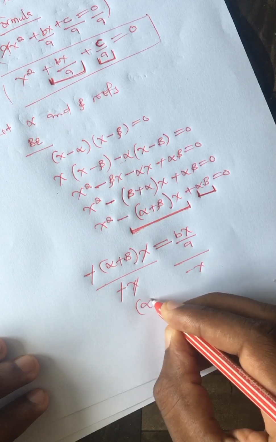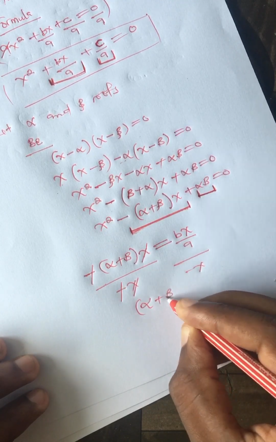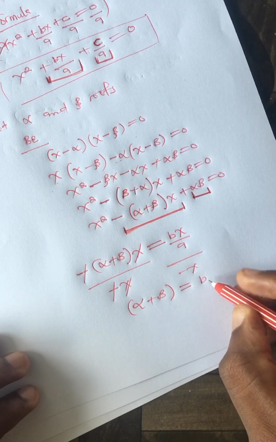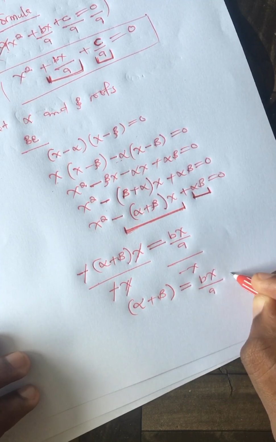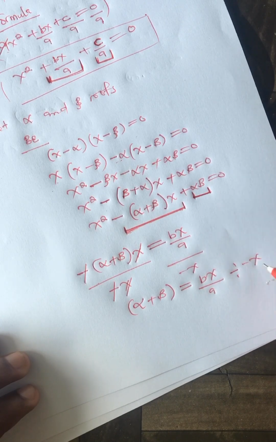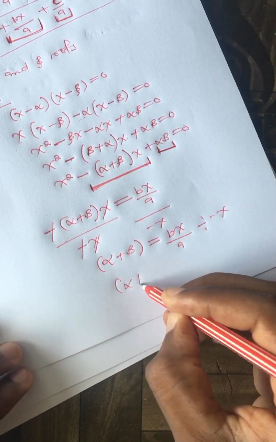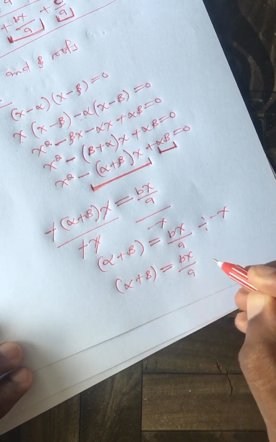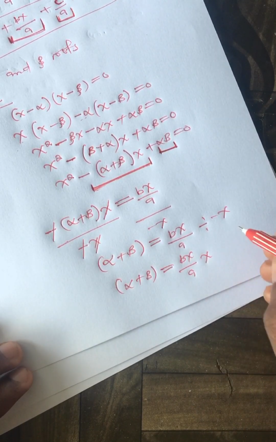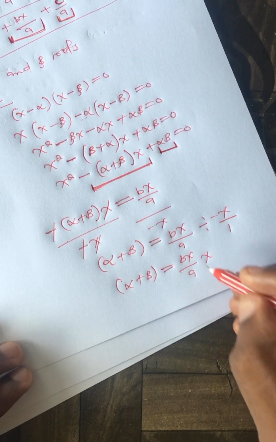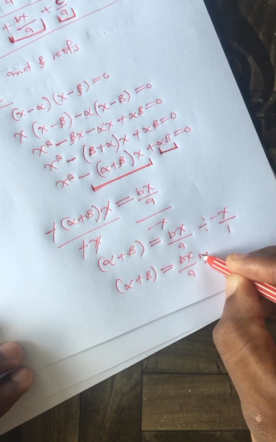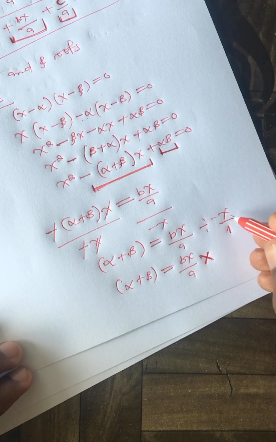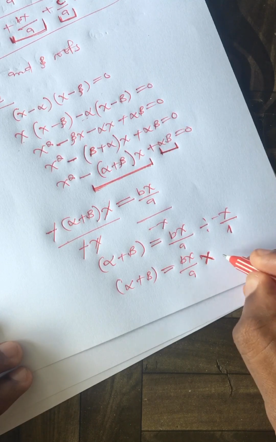So we remain with alpha plus beta, which is equal to bx over a divided by negative x. Then alpha plus beta should be equal to bx over a multiplied by 1 over negative x. If we change the sign to a multiplication, the denominator becomes the numerator and the numerator becomes the denominator.